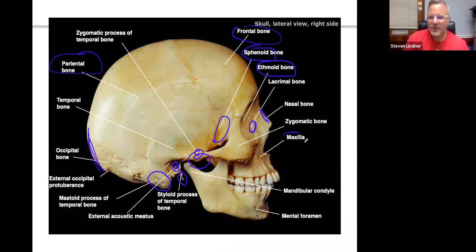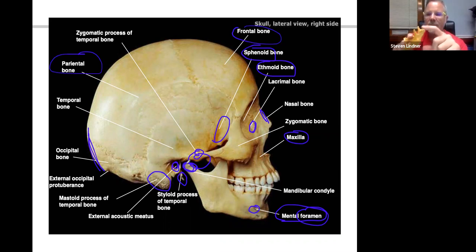Again, the top of the jaw is the maxilla, the bottom is the mandible. There's a hole right here in the mandible called the mental foramen. Remember, anytime there's a foramen, it's a hole and nerves will go through it. This right here is called the mandibular condyle. That would be this part of the mandible.